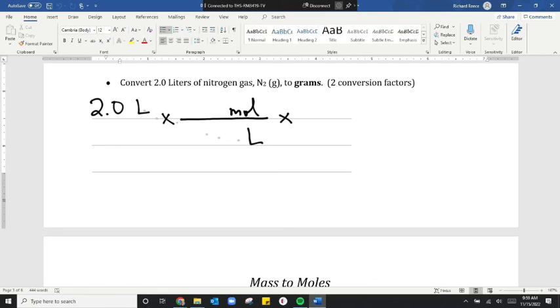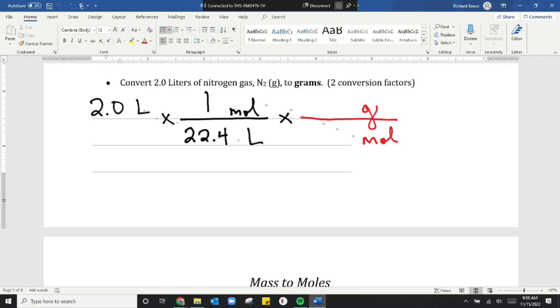And then I'm going to have a second conversion factor. What should go downstairs on my second conversion factor? Moles. And I can convert that into grams because I know how to deal with molar mass. So in the first one, I'm going to put 1 mole is 22.4 liters.